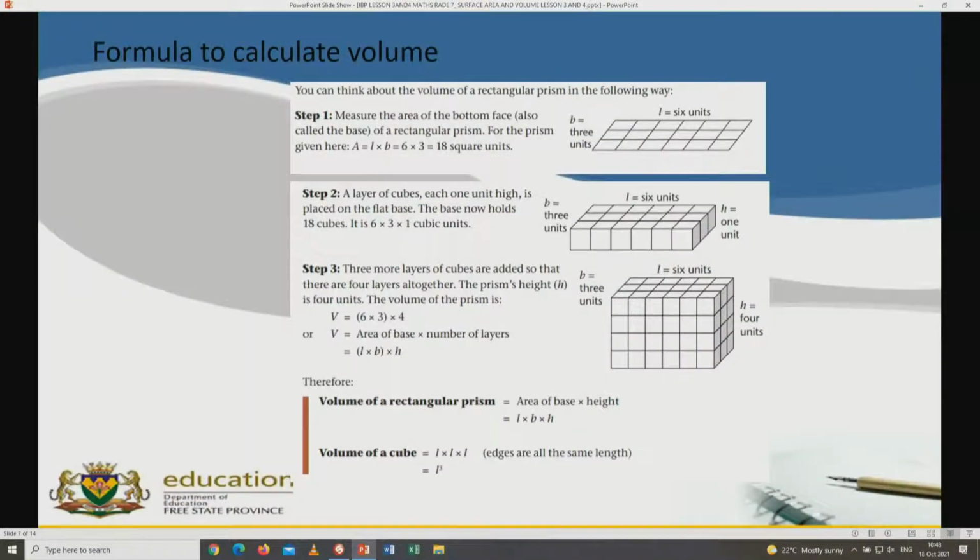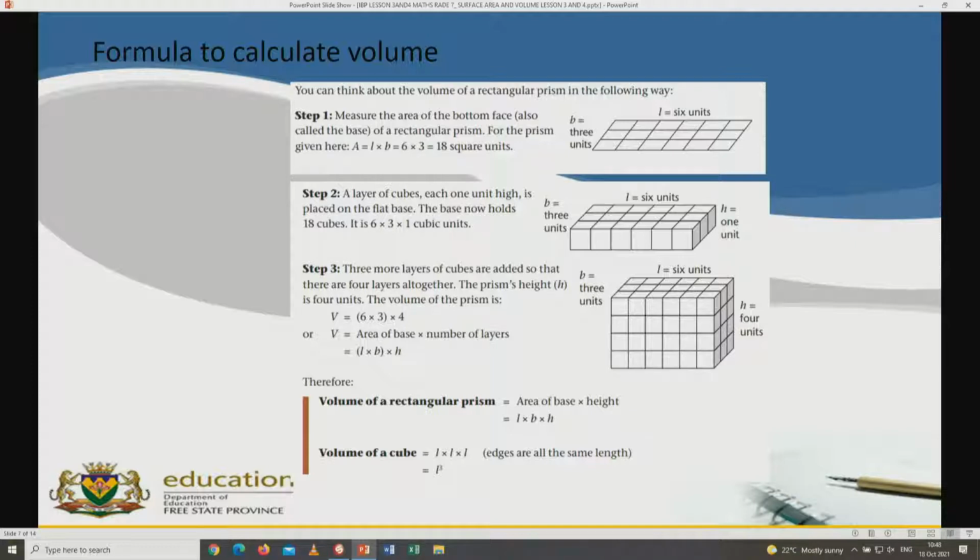Let's move on. Now, the formula, as I said, has to come by its own. Let us investigate. You can think about the volume of a rectangular prism in the following way. A rectangular prism. Step 1, make the area of the bottom face, also called the what? The base of a rectangular prism.